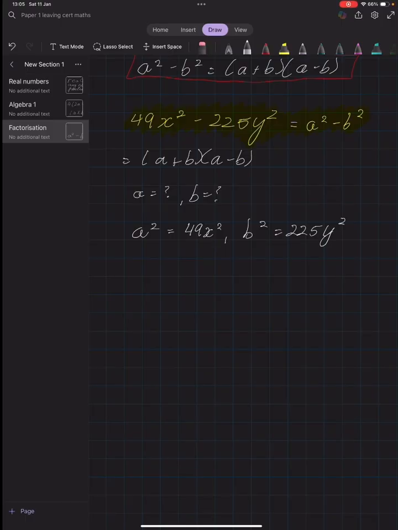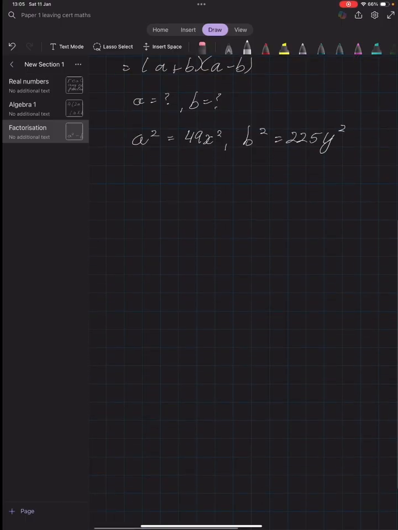From that, a is just the square root of this, which is 7x, and b is the square root of this, which is 15y. Just plug it into your calculator: the square root of 49 is 7, the square root of 225 is 15, the square root of x squared is x, and the square root of y squared is y.